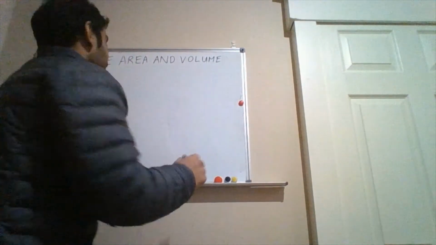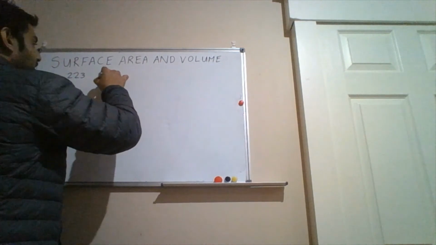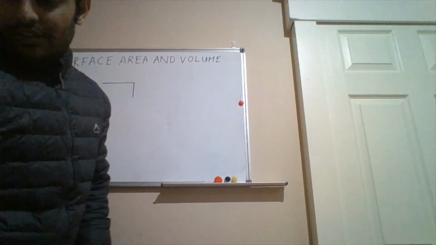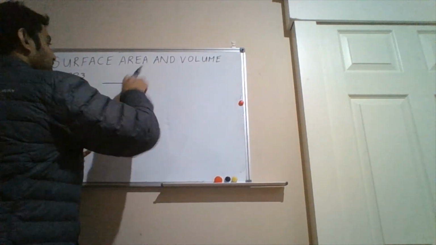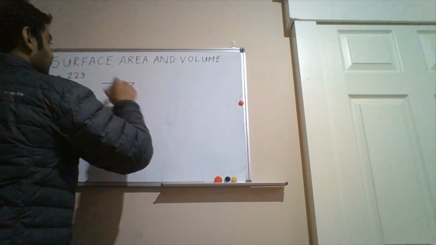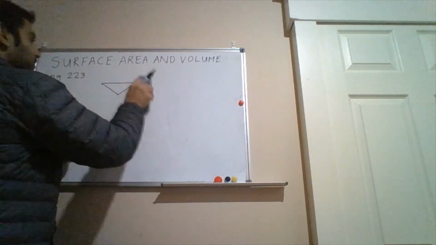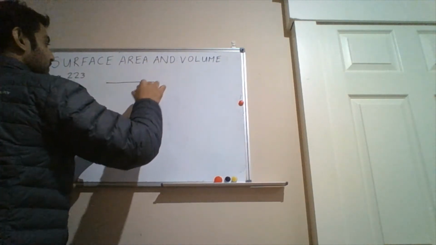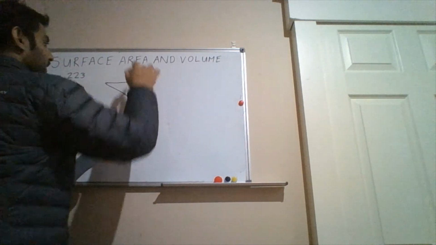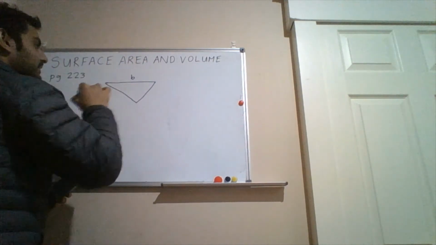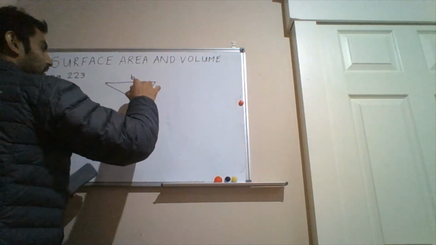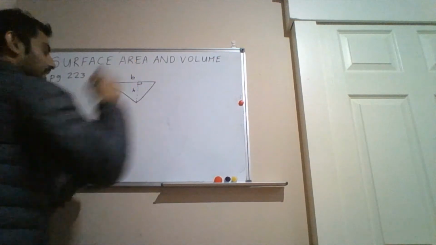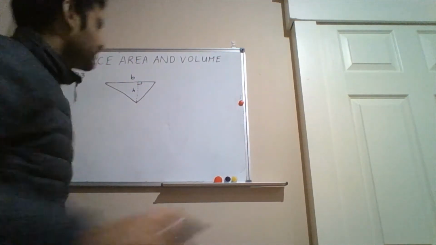So let's start off with a picture. We have a triangle at the top. Let me draw it a little bigger. This is the base of our triangle, and our perpendicular height is at 90 degrees, and that's given by small h.